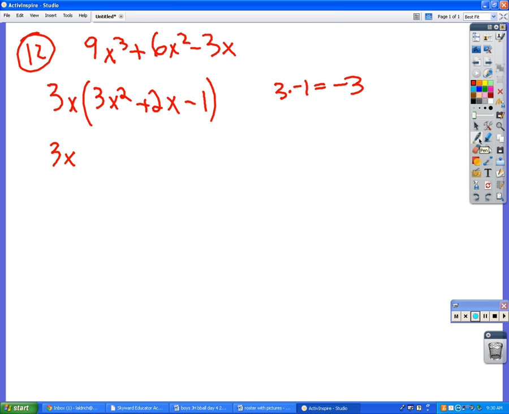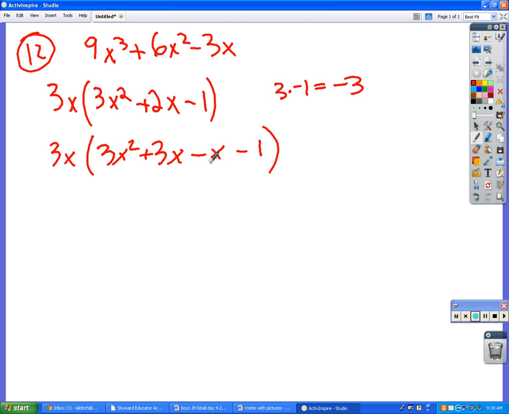So what two numbers multiply together to be -3 and add to be 2? 3 and -1. Okay, so that means I can rewrite this stuff here as 3x squared plus 3x minus x minus 1. So here's the 3 and here's the -1.